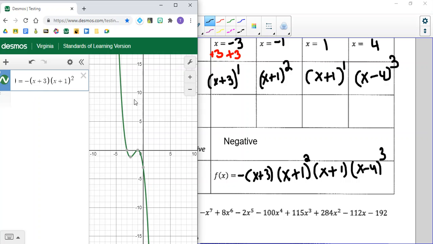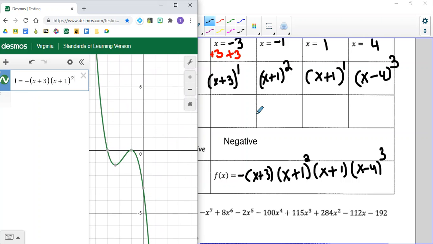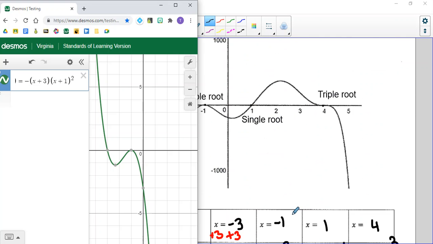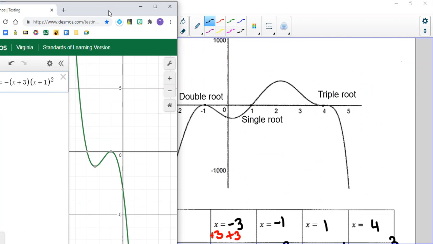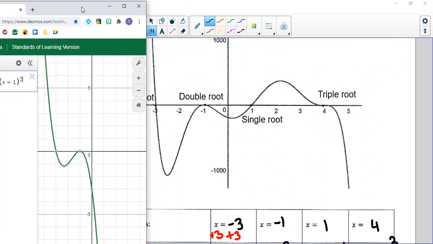It goes through negative 3 and then creates a double root here at negative 1, just like in my graph.